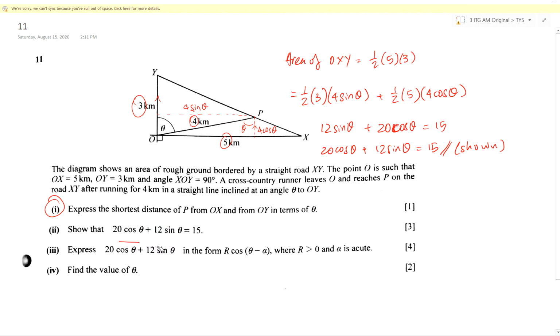Now in general, in paper 1 or paper 2, when you are asked to show a coefficient times cosine theta plus another coefficient sine theta equals another value, most likely it's got to do with the R formula. So even if you're unable to show part 2, you can still do part 3.